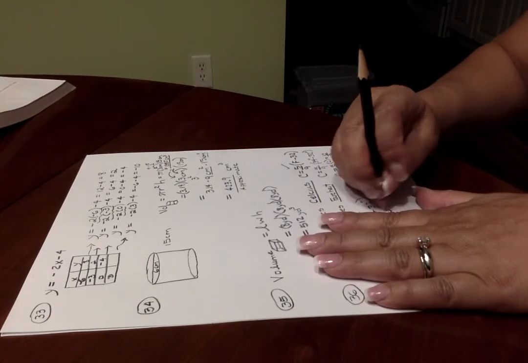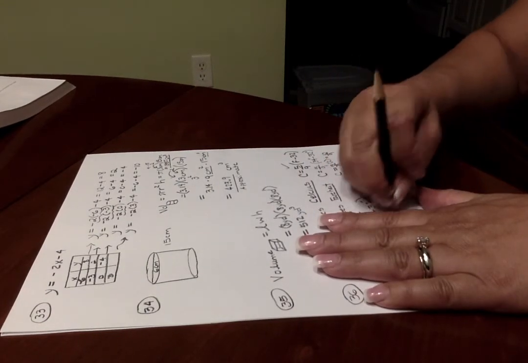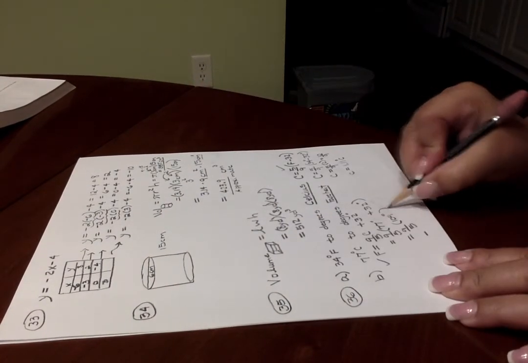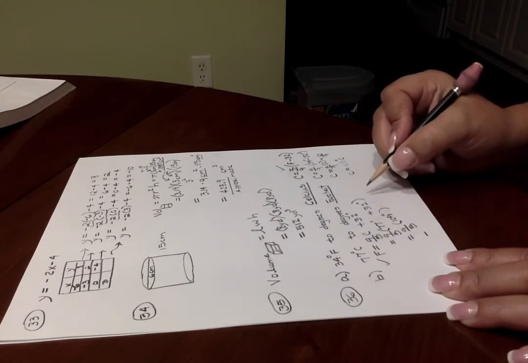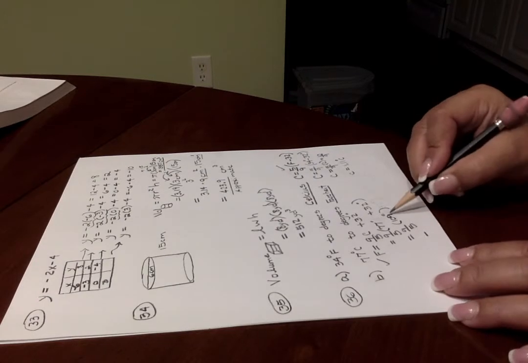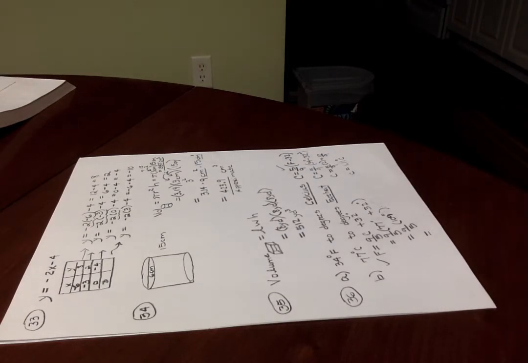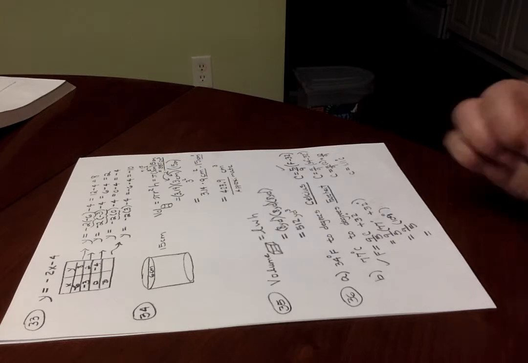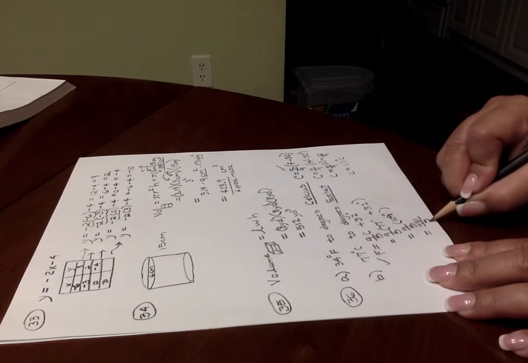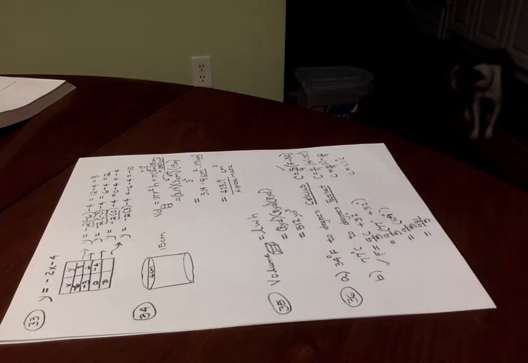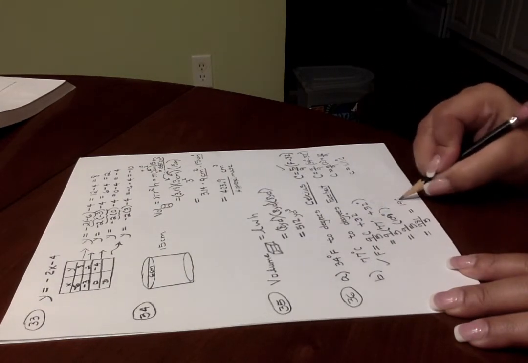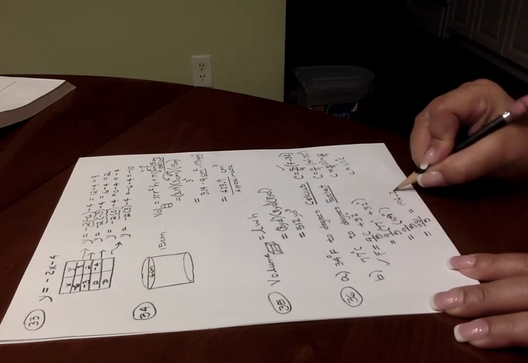Oops, excuse me. I messed up on this one. I already added the 32. There we go. So 77 plus 32 is 109. And then 9 times 109 is 981. 981 divided by 5 is 196.2.